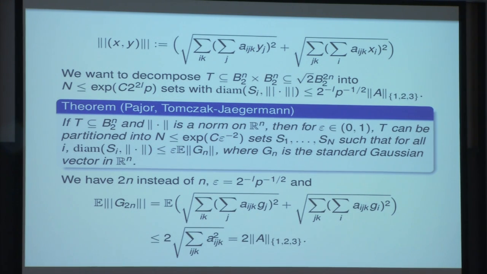If you have a separated set, balls around points in this set are disjoint, and since we have a lower bound on the measure, and the total measure is at most 1 because you are looking at a Gaussian measure, then a lower bound on the measure of a ball at each point will give you an upper bound on the cardinality of the maximum epsilon separated set.